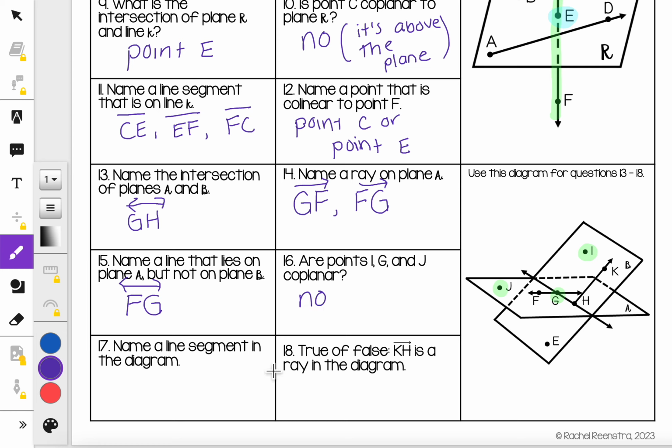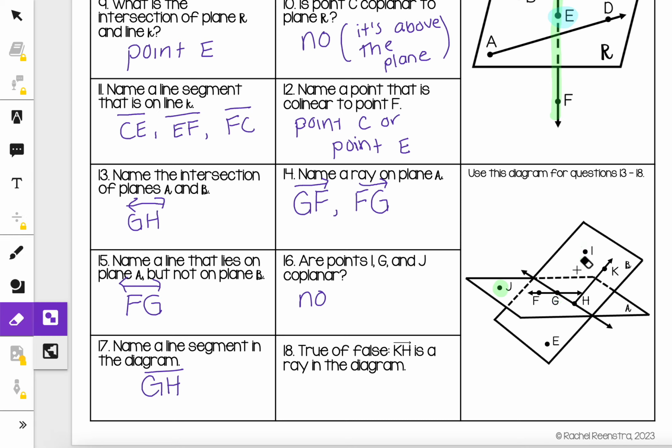All right. Next, we want to name a line segment in the diagram. We have a couple different line segments we can choose. We can choose FG, we can use GH, and we can use HK. All right, any of those would work. I'm going to use GH. All right, so this here, let me erase that.